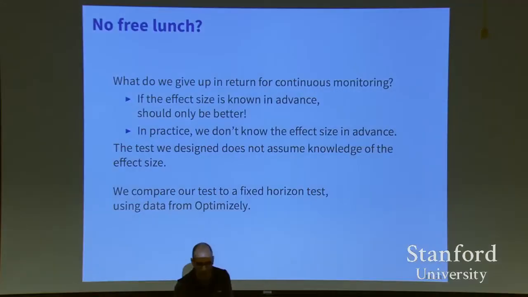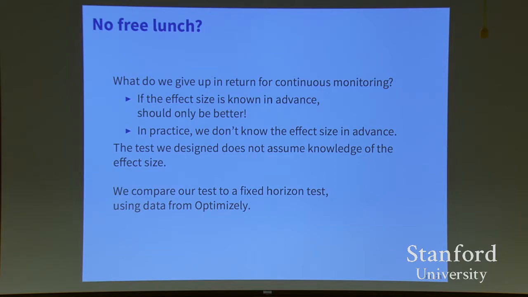All right, let me wrap up with one last comment. The test looks good because it's giving you two things. It's giving you control of false positive probabilities, and it's giving you detection eventually. The one problem is that it might give you detection eventually, but what if it takes forever to get there? So one thing we wanted to do is compare how we do relative to a test where you've committed to the fixed horizon run length in advance.